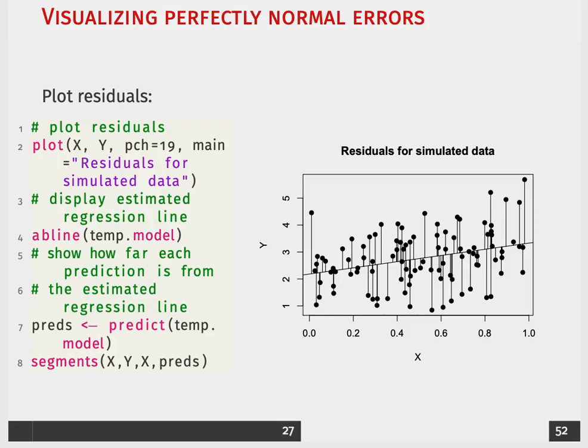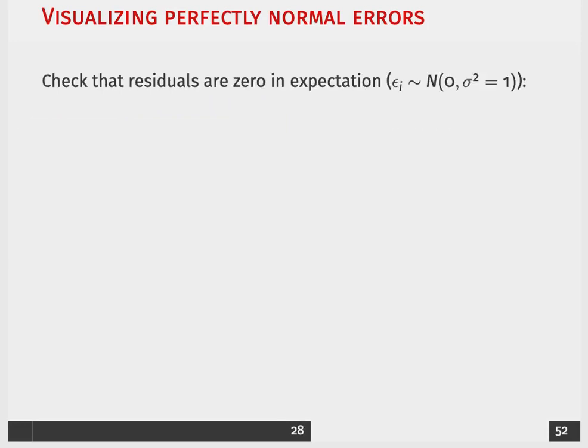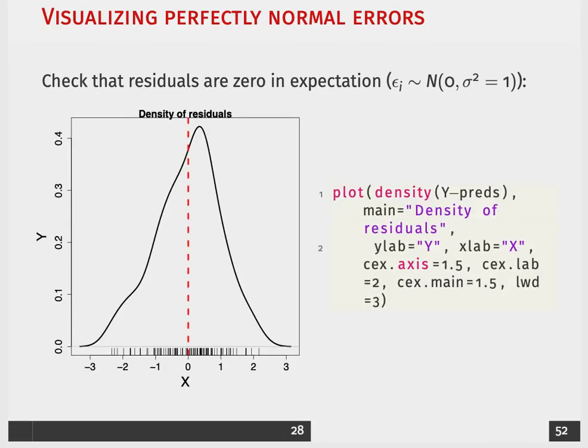And it might not necessarily look good, but if we look to see what the error is in expectation, what we actually find is that it's not too bad, right? We've met this assumption that on average, the residuals are centered at 0 and have a standard deviation equal to 1.